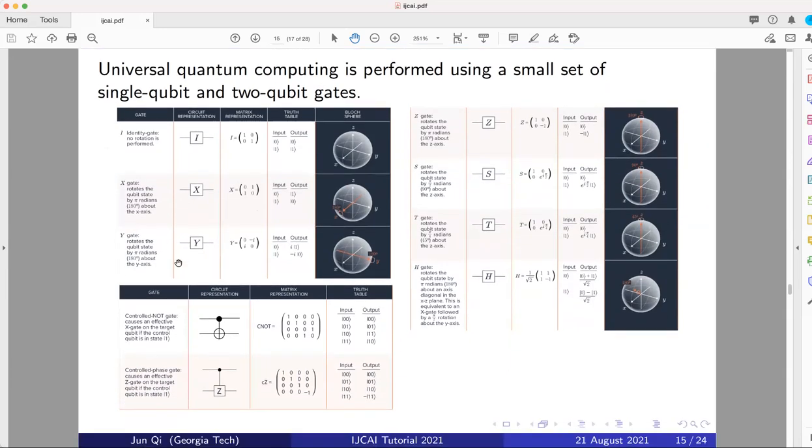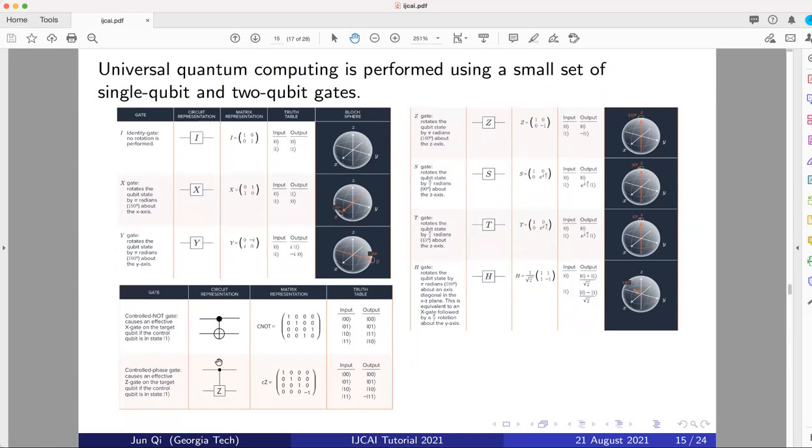More important is the CNOT gate. The CNOT gate has a target qubit and a control qubit. The states of the target qubit can be changed according to the control qubit. Another thing is that the CNOT gate is a 2 qubit gate. It's important.